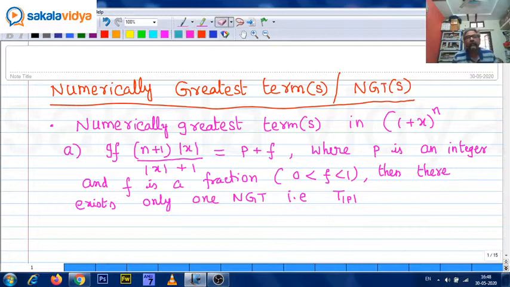We need to add 1. The T(p+1) term is the numerically greatest term that we need to find in the given expansion.